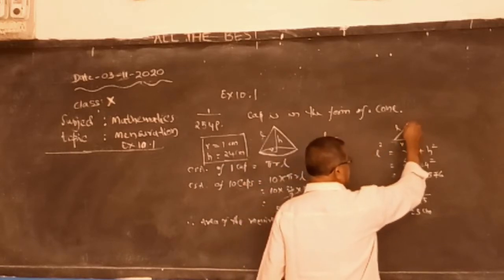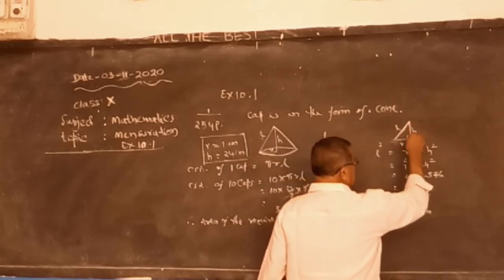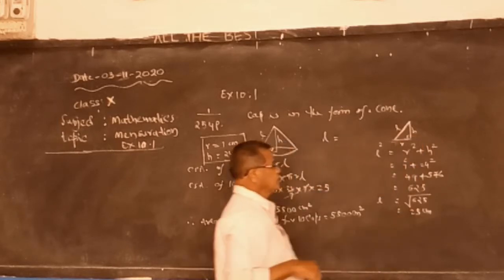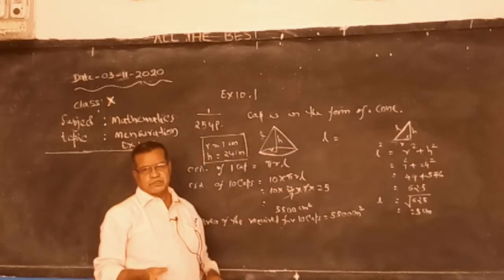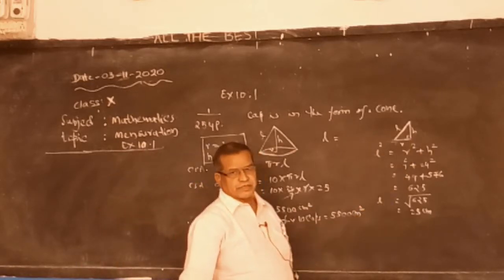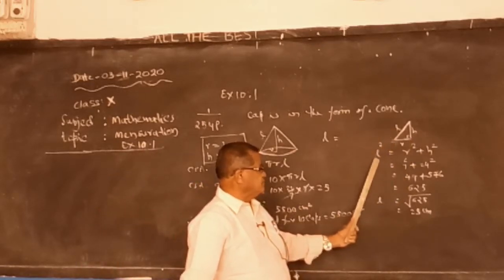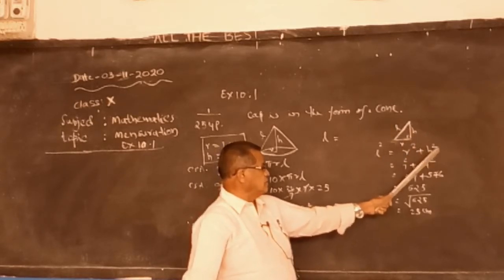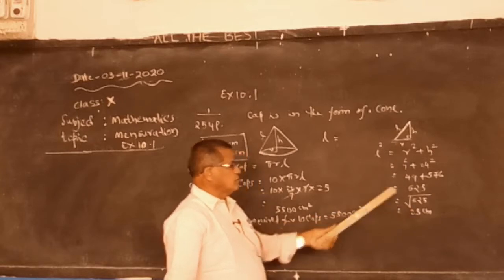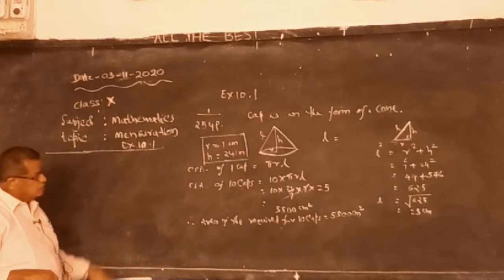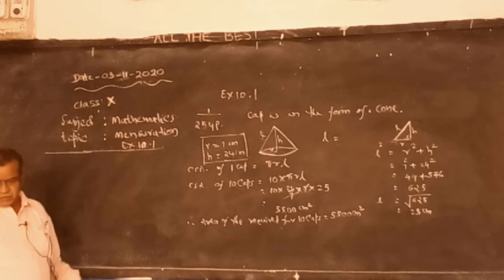So apply the Pythagoras theorem: hypotenuse squared is equal to side squared plus side squared. Hypotenuse is l squared, the sides are r squared and h squared. Values are given. Find l first, then substitute. This is the first problem.